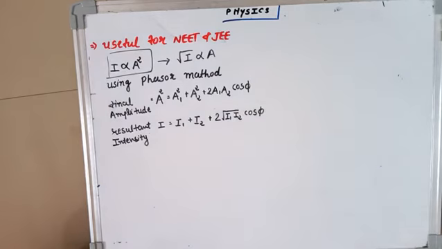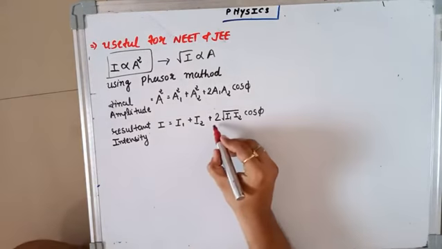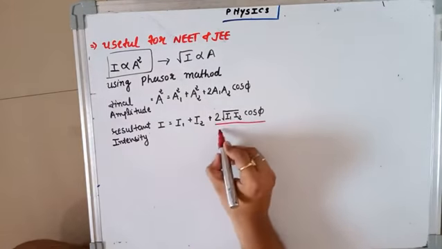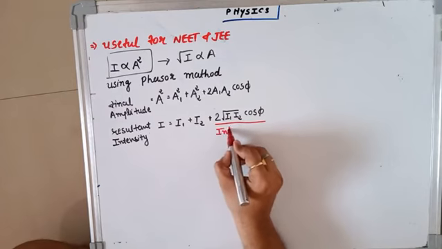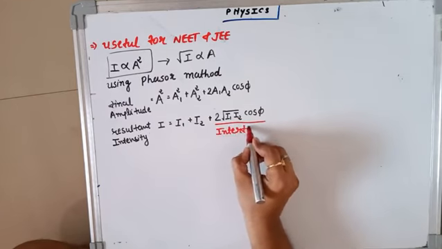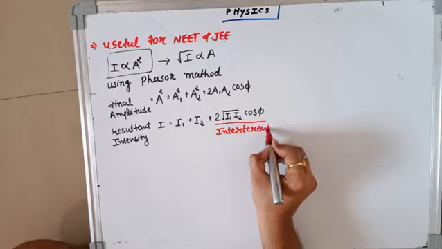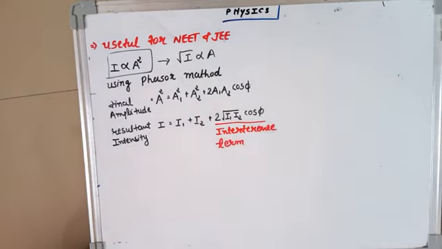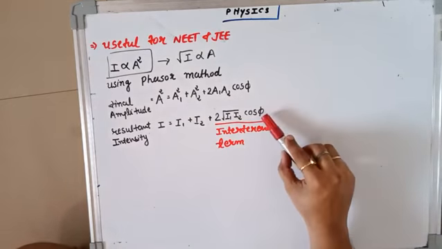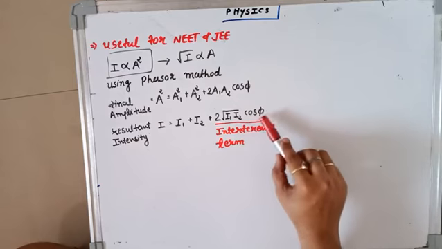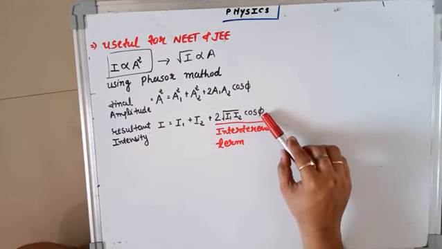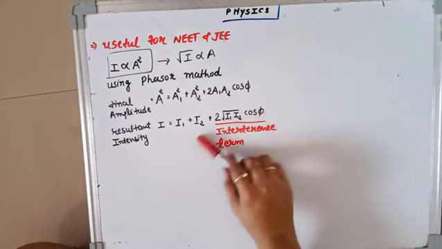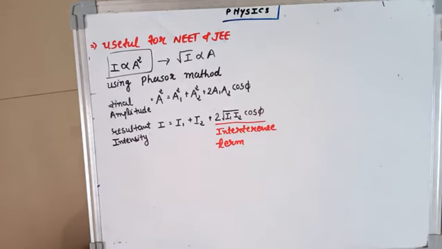This term is called the interference term, because cos phi is periodic, and when the phase is changed, this is called the interference term.